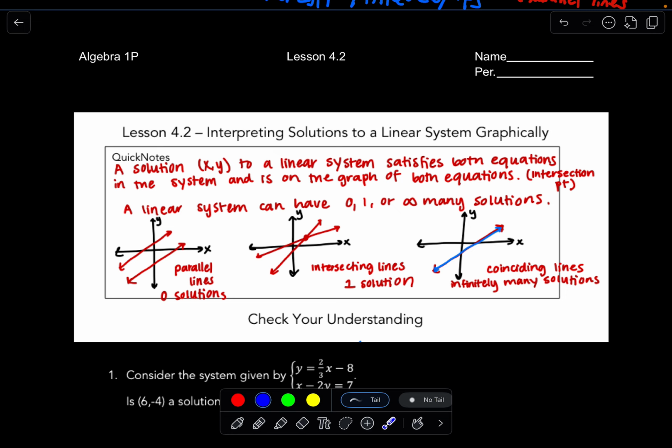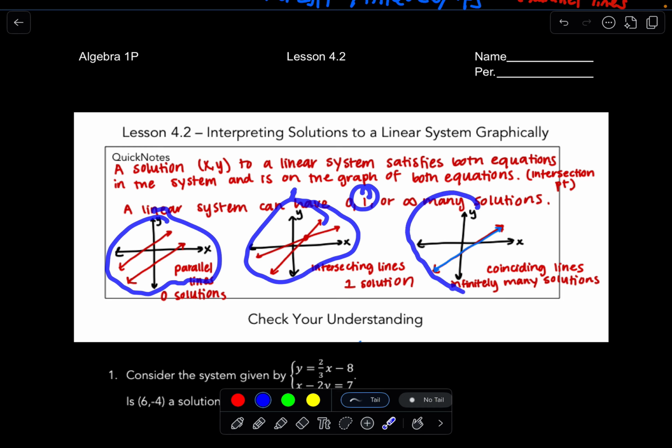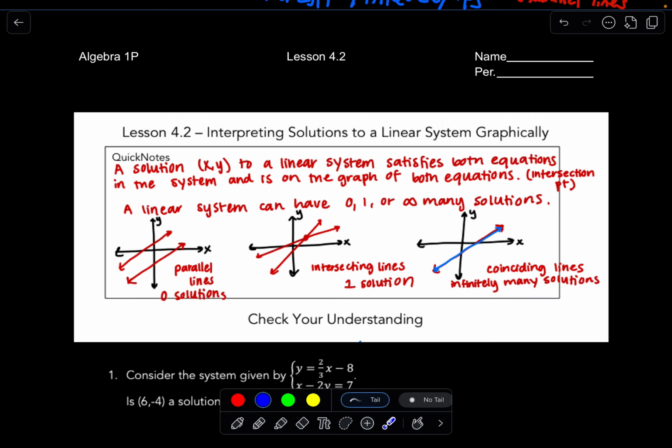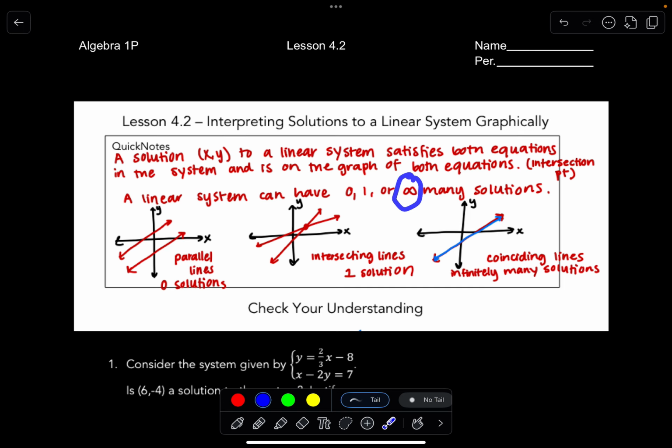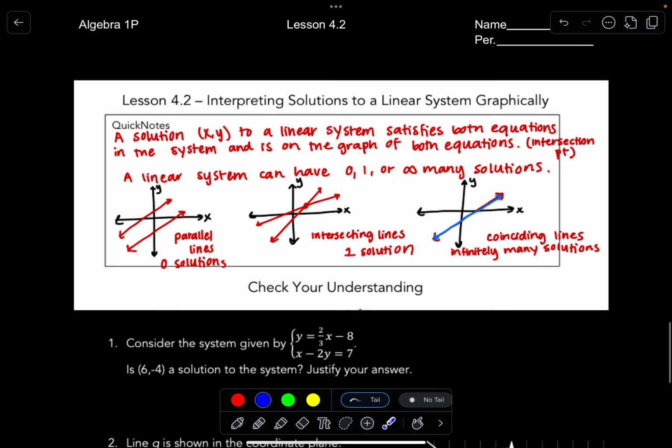A linear system can have 0 solutions like this, parallel lines that never touch. 1 solution, where it's 2 lines with different slopes that intersect at one point, or infinitely many solutions, which are coinciding lines. In other words, they're the same line. The equation looks different. And that little symbol there means infinitely many. Infinite.